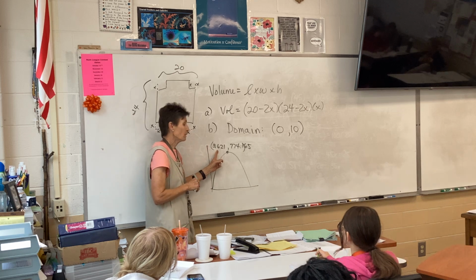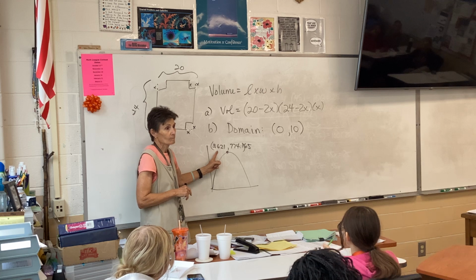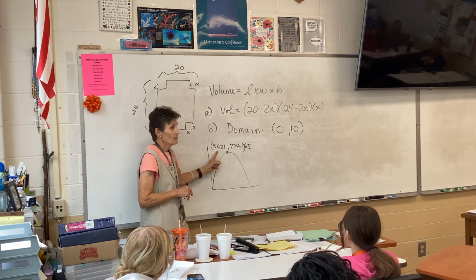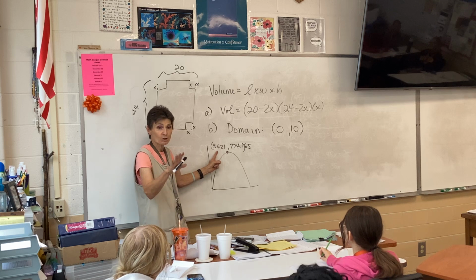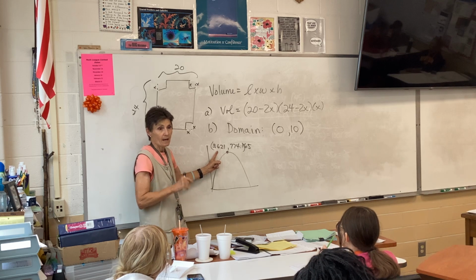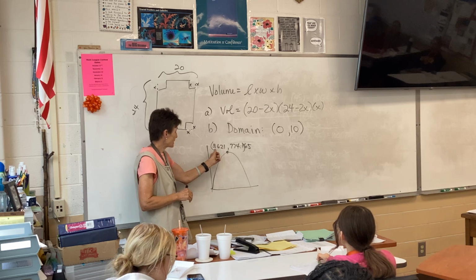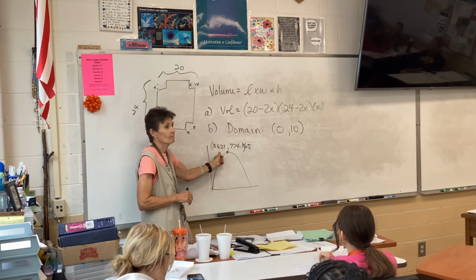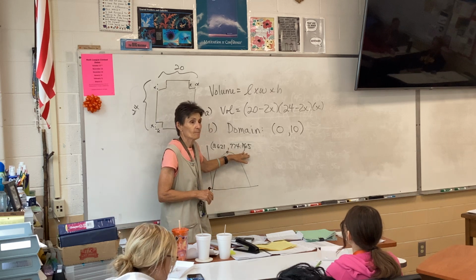What does this 3.621 tell me? That is the corners. So if the question said, how big should the corners be? You would say 3.621 inches. What does this number tell me? That is the volume.